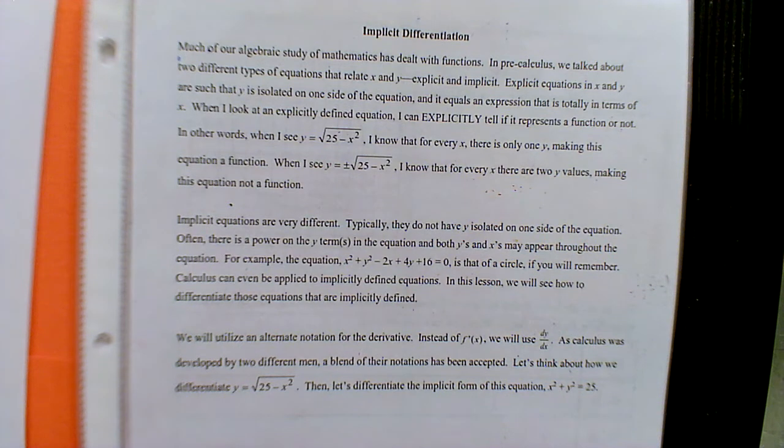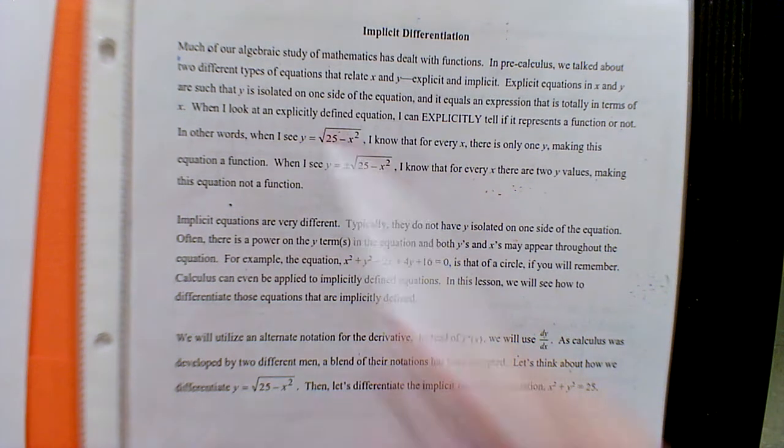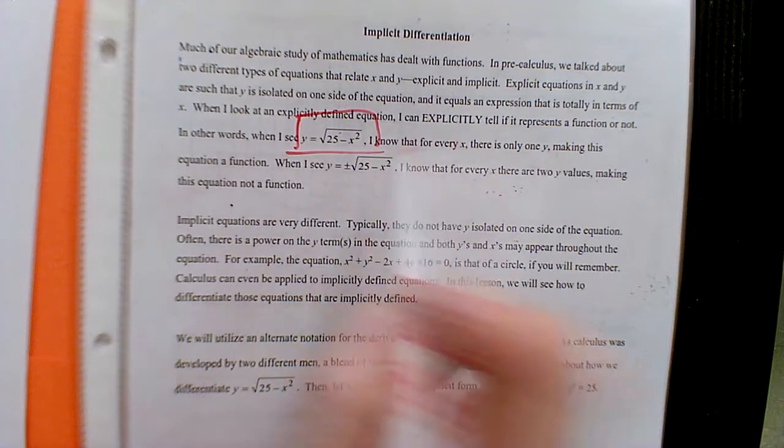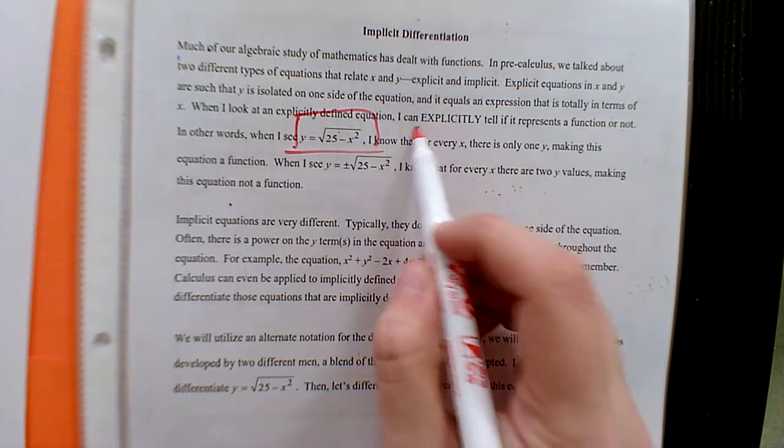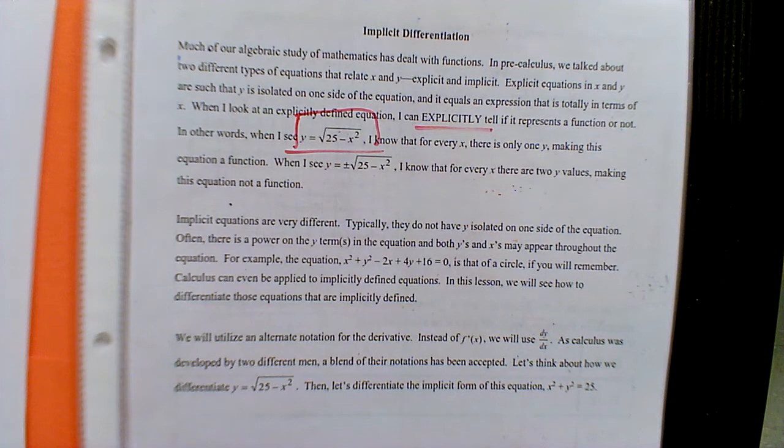In your mathematical career, you are always used to seeing f of x equals, y equals, g of x equals something like that. Y equals mx plus b has been beaten into your brain since pre-algebra. It's usually always y equals something. That's what's referred to as explicit form.